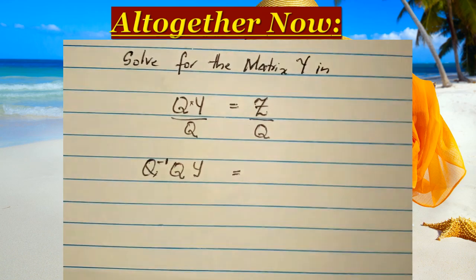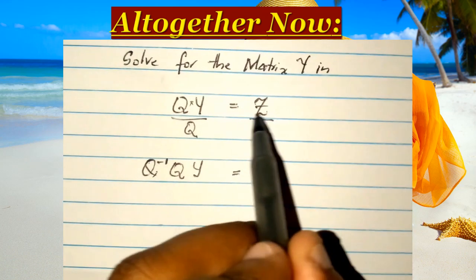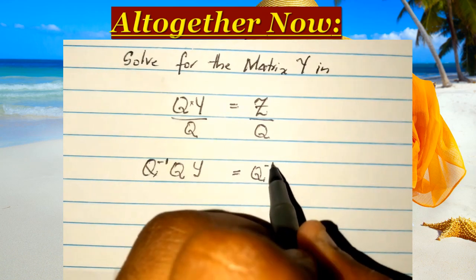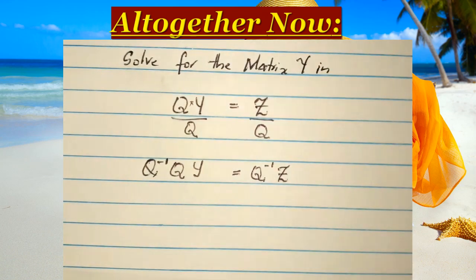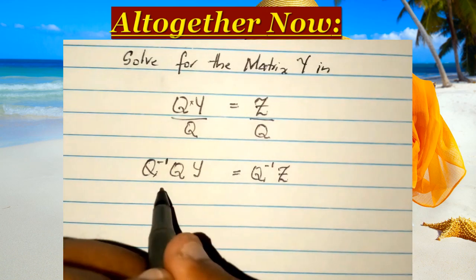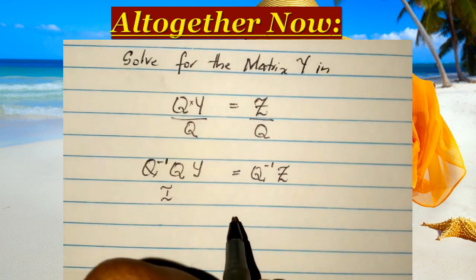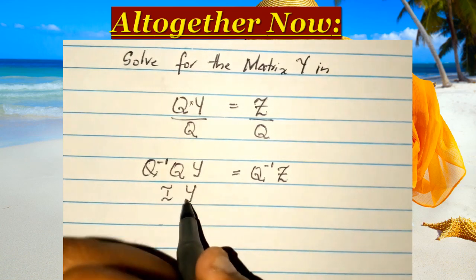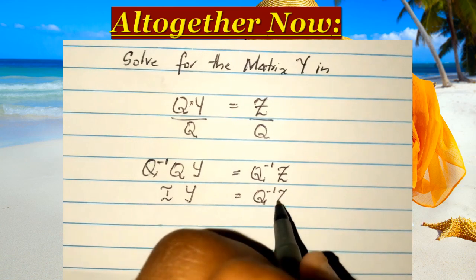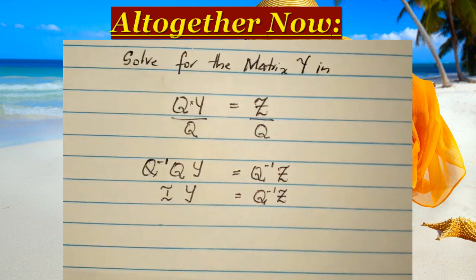And I can do the same on the right hand side of the equation. Rewrite this divided by Q as Q inverse times the numerator, matrix Z. Do you see the next hack coming into play? Q inverse times Q should give us the identity matrix I being multiplied by the matrix Y. And I'm just keeping the order of the steps.